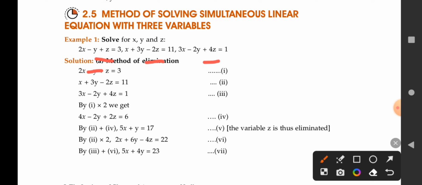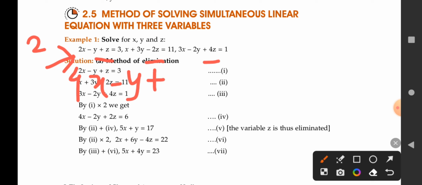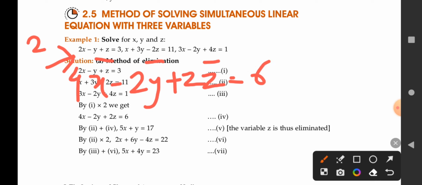So you get, if I multiply 2 in this equation, I'm going to get 4x minus 2y plus 2z is equal to 3 into 2, 6.